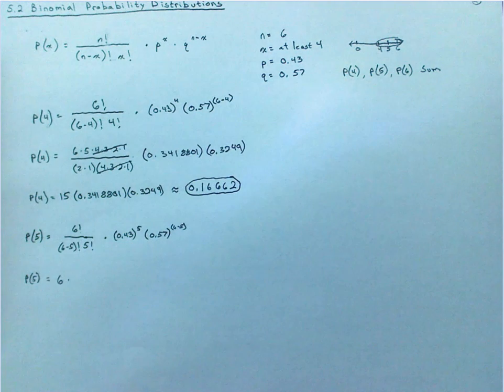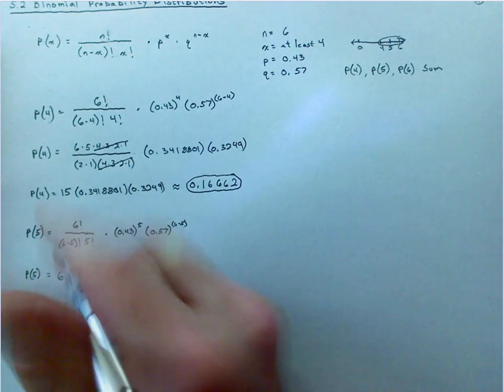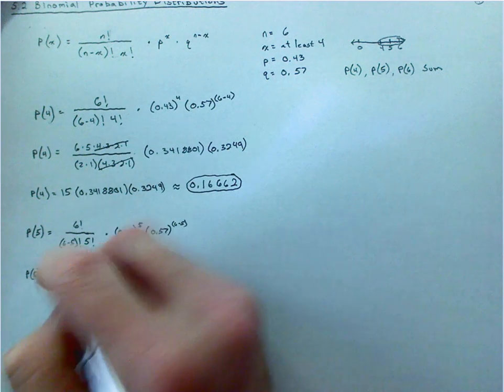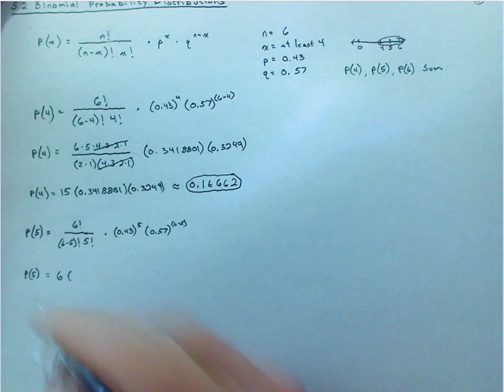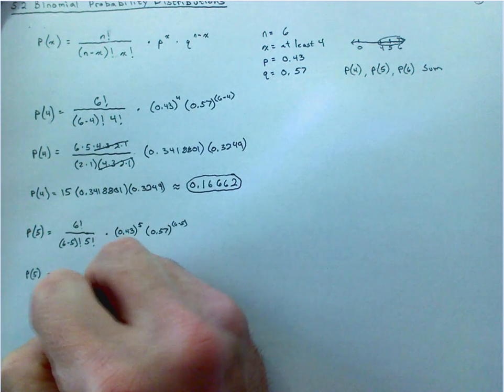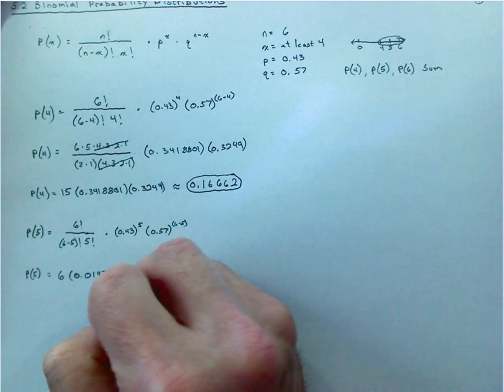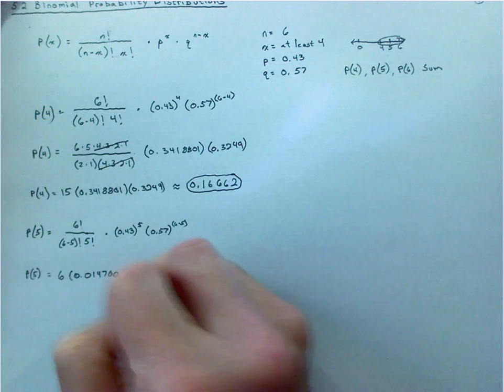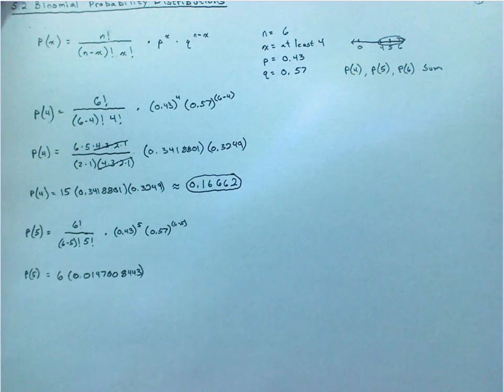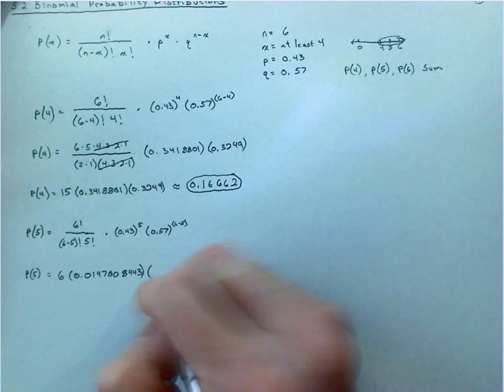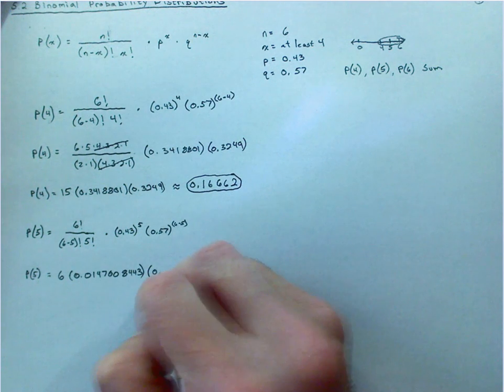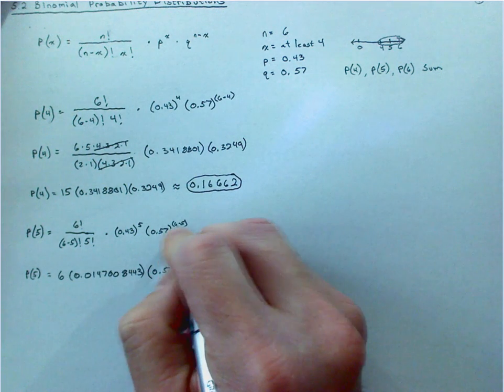Times 0.43 to the 5th, which is 0.017008443, and I'm going to multiply that by 0.57, because 6 minus 5 is 1.